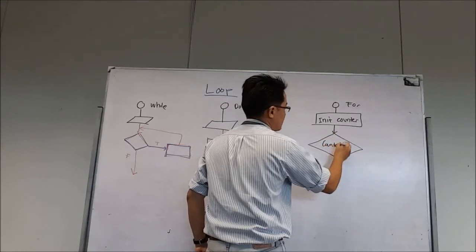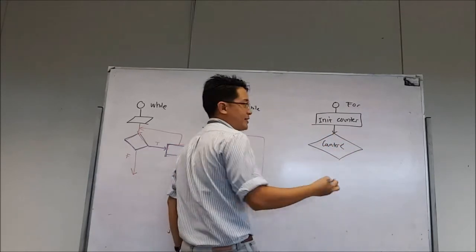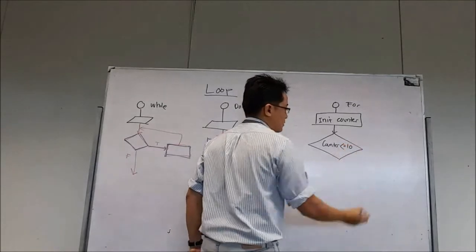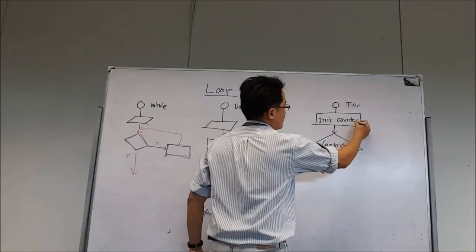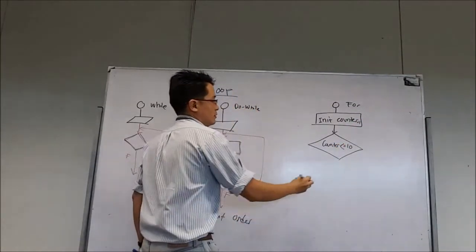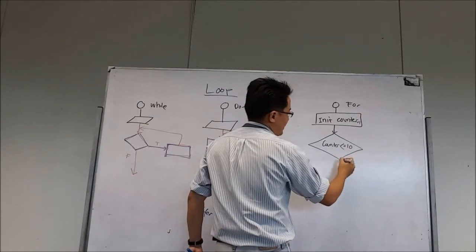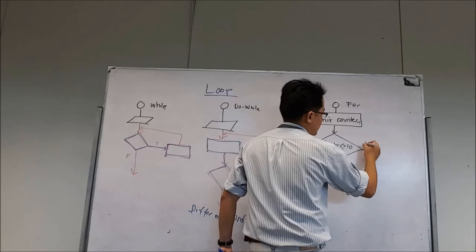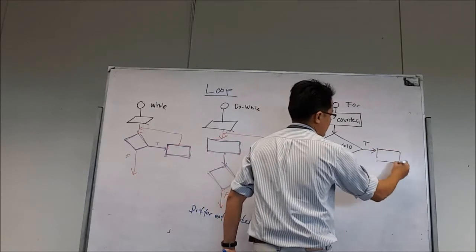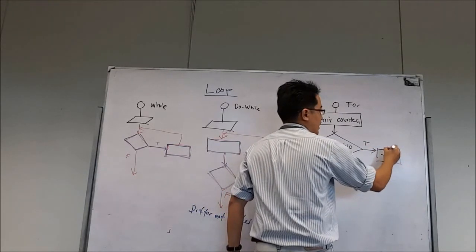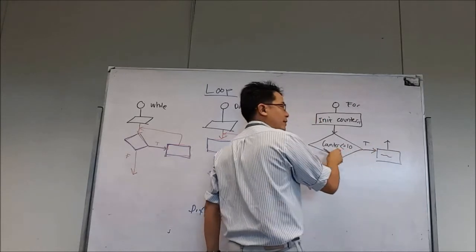Counter less than, you already know how many times, let's say 10 times. Let's say I initialize the counter to 1. So if counter is less than 10, then I execute something, then I must increment the counter.